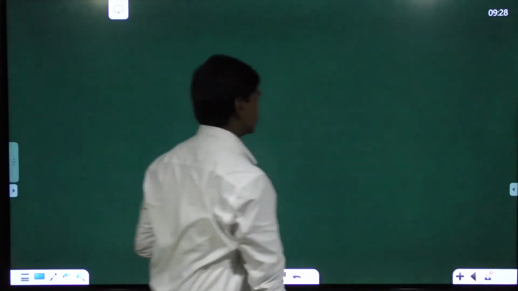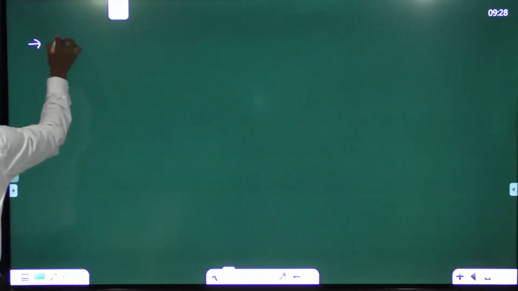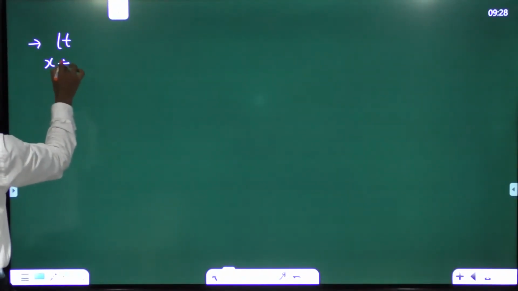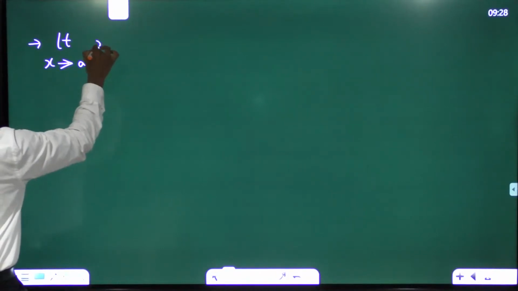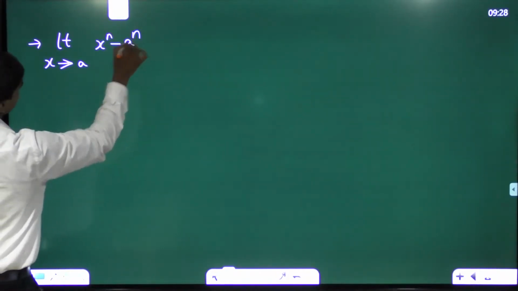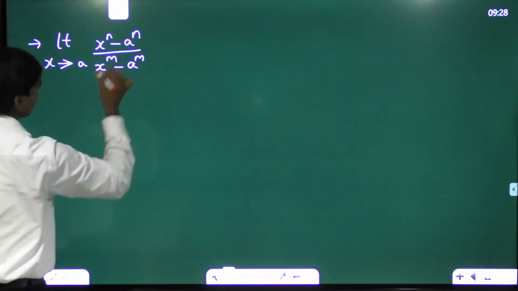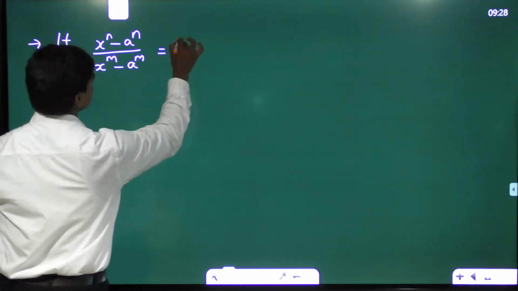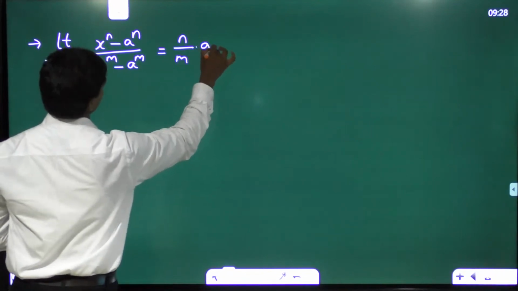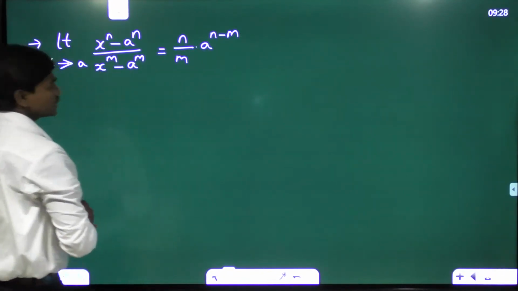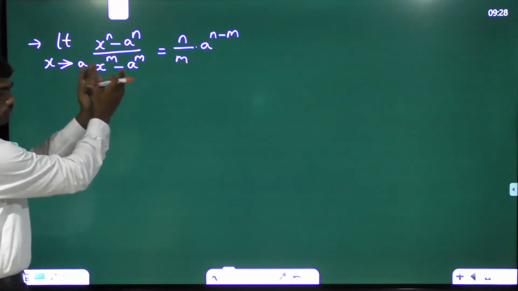Now, let us go for the next limit. Limit x tends to a, (x^n - a^n) divided by (x^m - a^m). The answer for this is n by m into a^(n-m). So now, how to show this result?